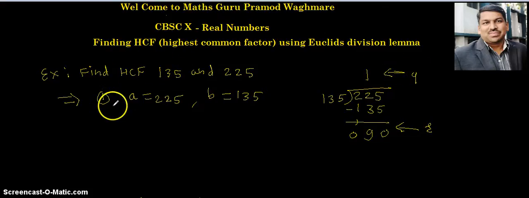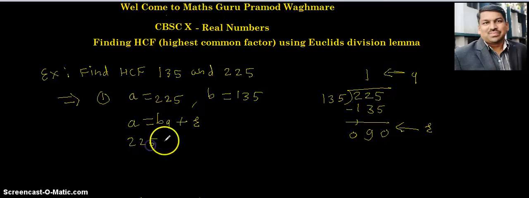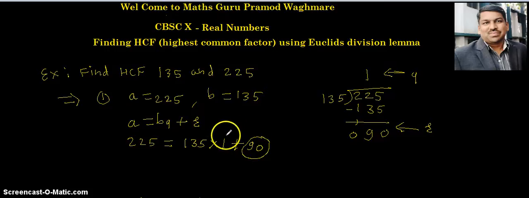By Euclid's lemma, we can write A is equal to BQ plus R, which means 225 is equal to 135 into 1 plus 90. This is a very important step, and if you observe, the remainder is 90, which is not equal to 0.